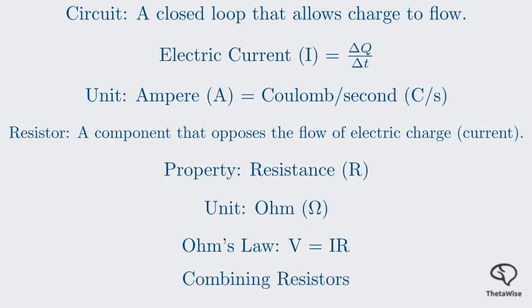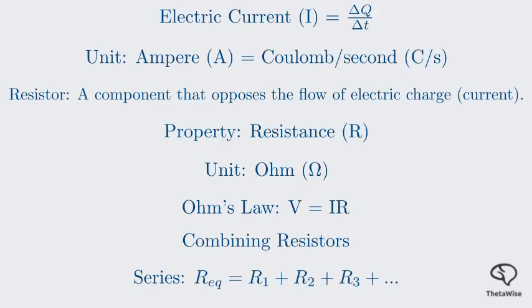We often need to combine resistors in circuits. There are two main ways to connect them, in series and in parallel. In a series circuit, resistors are connected one after another, creating a single path for the current to flow. In this case, the total or equivalent resistance, R-equiv, is simply the sum of the individual resistances.